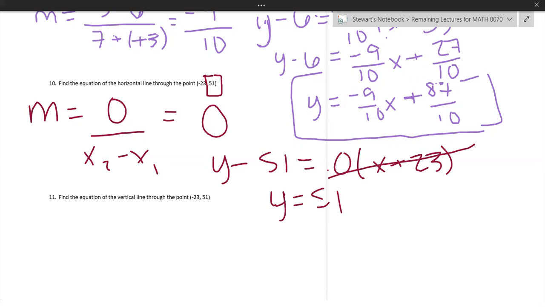So that's our equation, and that'll be the case for every single horizontal line. The slope is always 0. So if they ask you to find the equation of a horizontal line that passes through some point, it's just going to be y set equal to the y coordinate, because if it's a horizontal line, the y coordinate's never going to change no matter what point you hit.